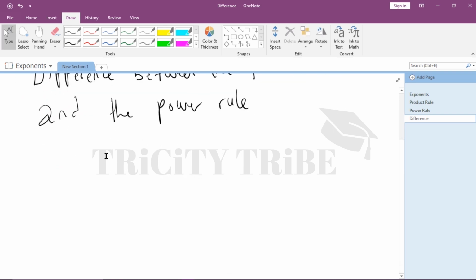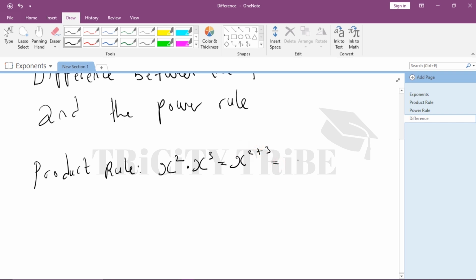Now the product rule is this. You have x raised to power 2 multiplied by x raised to power 3, and that gives you what? x raised to power 2 plus 3 equals what? x raised to power what? 5.